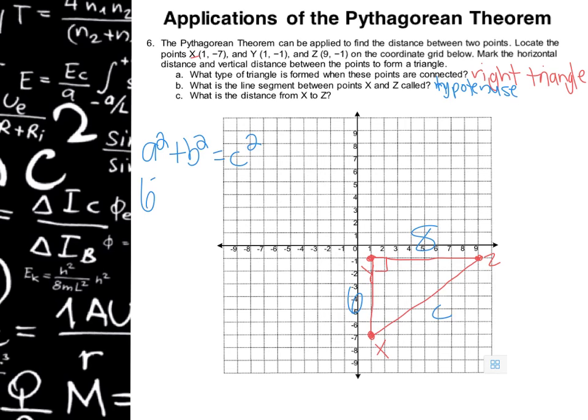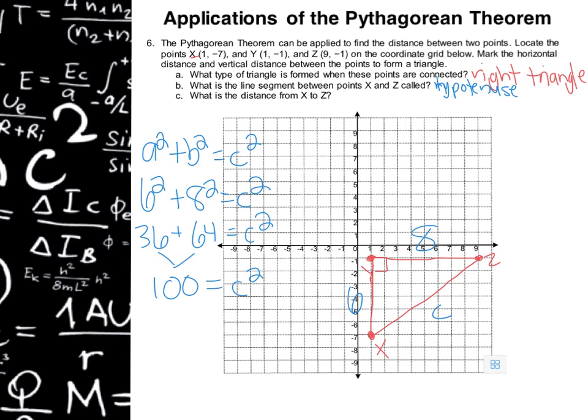So I would have 6 squared plus my other side, 8 squared, equals c squared. 6 squared is 36. 8 squared is 64. Then I bring down my c squared, because that's what we're going to solve. So I need to combine my 36 plus 64, which is 100. Set it equal to c squared.